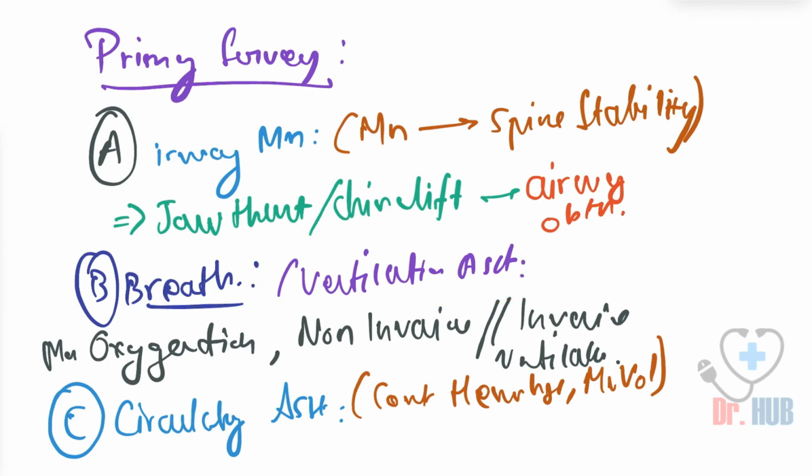We maintain adequate oxygenation, and we consider non-invasive or invasive ventilation when indicated. Then C is for the circulatory assessment, where we control hemorrhage and maintain the circulatory volume.